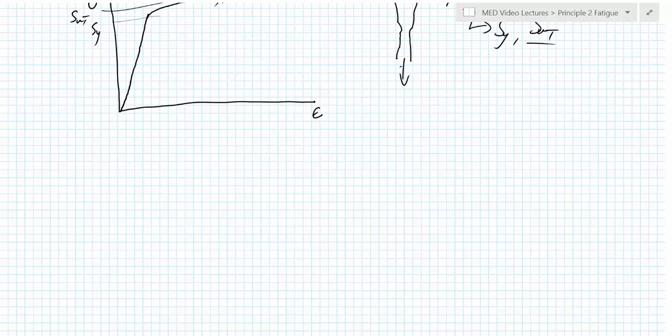So fatigue strength and the numbers we'll use for fatigue strength come experimentally from what's called an R.R. Moore test.